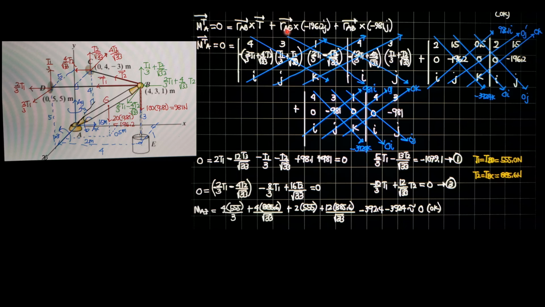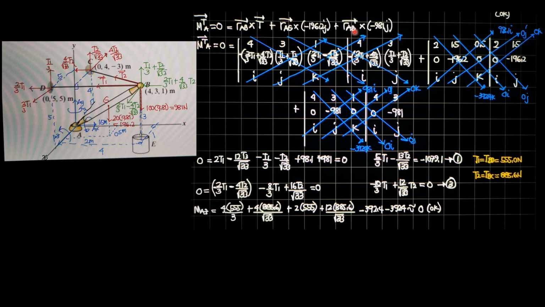Then for this RAG, A to G, that's 2i, 1.5j, 0.5k. So 2, 1.5, 0.5, copy. Then for negative 196.2 j, 0, negative 196.2, 0. Then i, j, k, copy the elements of the first two columns.